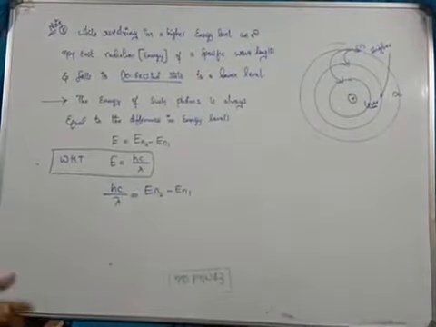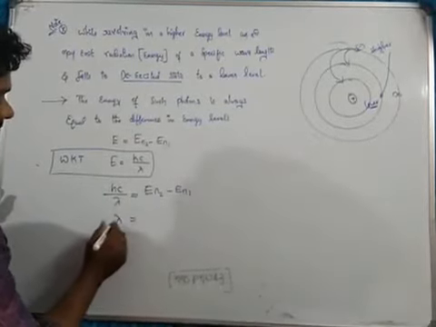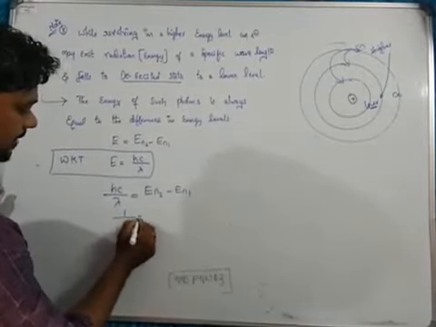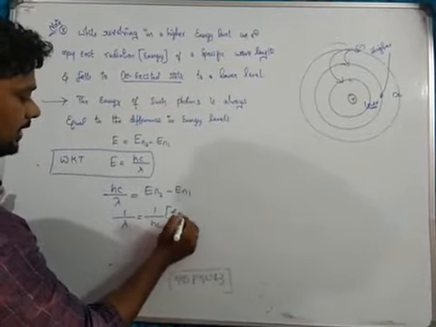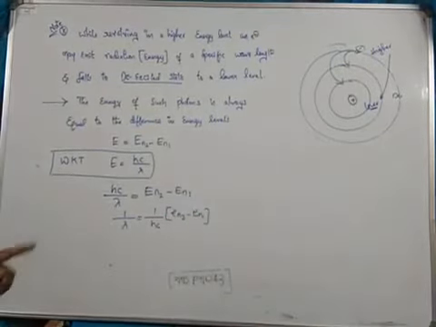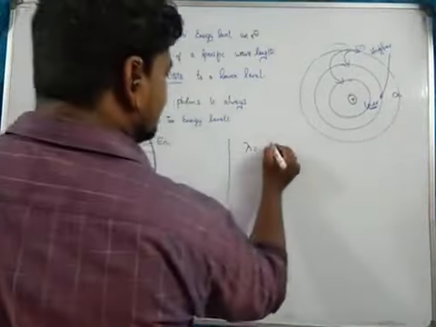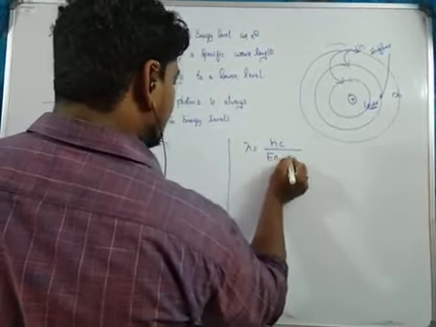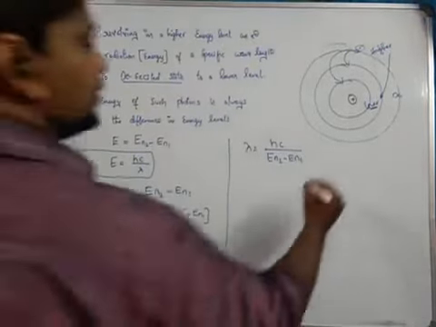We want to calculate the specific wavelength, so 1 by lambda is equal to 1 by hc into E n2 minus E n1. So we have to calculate the value of lambda. Lambda is equal to the reciprocal, Planck's constant times velocity of light divided by E n2 minus E n1. Is that clear?